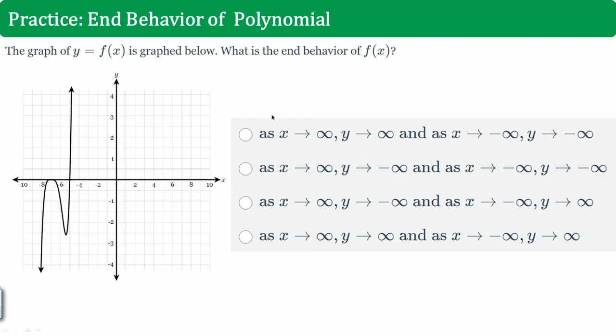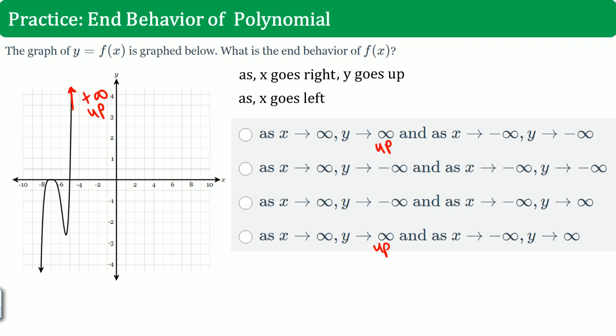Let's look at this one. As x goes to the right, what happens to the y? Well, the y goes to positive infinity. It goes up. So it should look something like this one, which goes up. What happens as x goes left? The y goes to negative infinity.